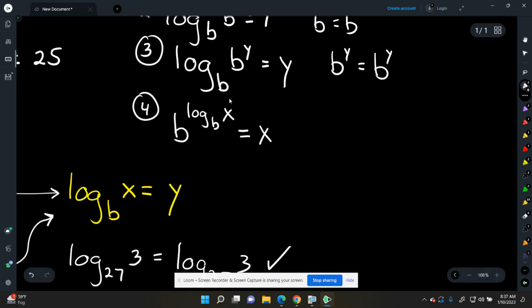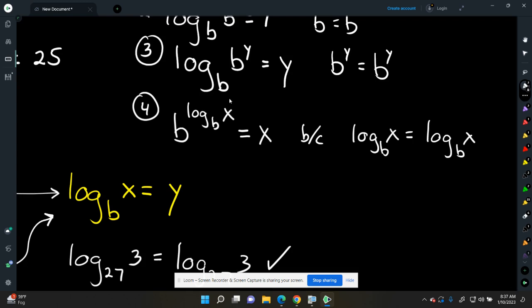It equals x because log base b of x equals log base b of x. It sounds so silly to say that, but that's how it works out when I plug it back into the definition of my logarithm. Okay? So those are 4 properties plus a definition. We will be adding to those properties.